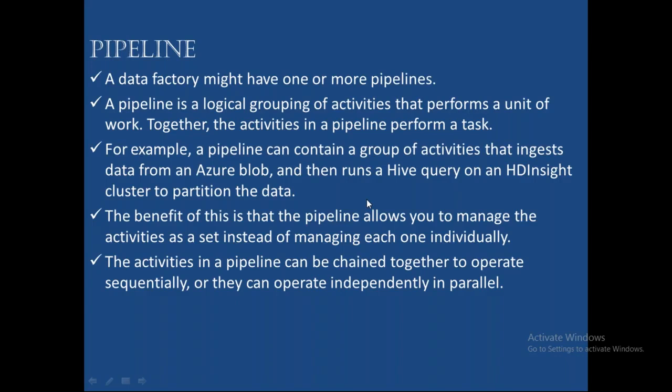Now you need to think, do you have any dependency? Do I need to first copy data from blob 1 to blob 2, and only then copy data from data lake Gen1 to Gen2, or can I copy data in parallel?